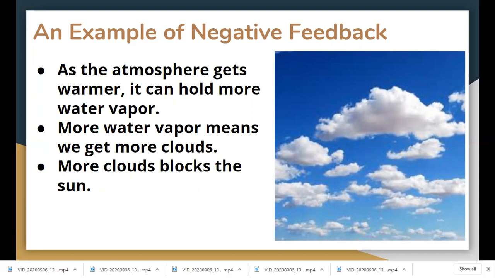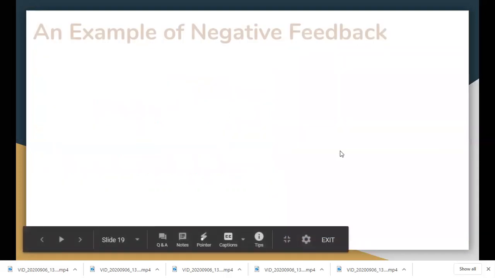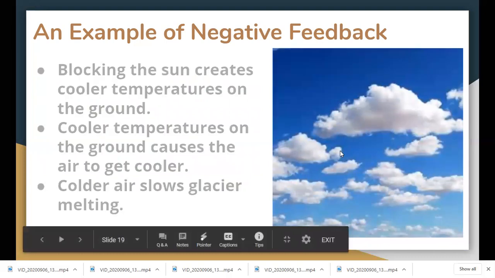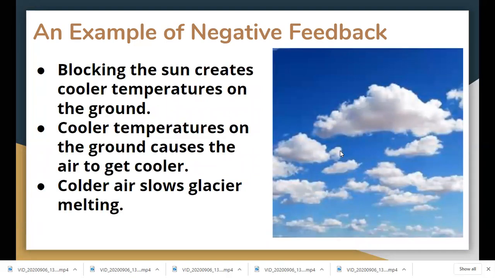And if you think about it, what happens when we get clouds? Well, they block the sun, and it's cooler outside when the sun isn't shining, right? When there are clouds out instead of the sun, it's not as warm. So when the clouds block the sun, you're going to create cooler temperatures on the ground. The cooler temperatures on the ground are going to cause the air around it to get cooler again.